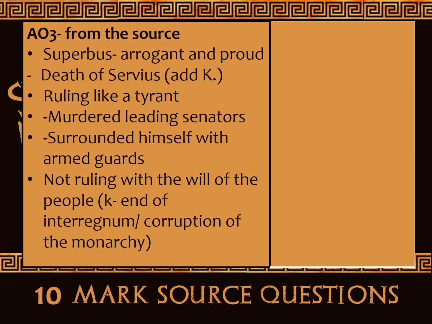And you can see again, I'd use some of my own knowledge here. I talk about the end of the interregnum, this system of choosing kings. Again, he comes to power by force. We see him as the example of corruption of the monarchy, the end result of all this corruption, and certainly that's a key figure of his rule. So they're the bits I take from the source.